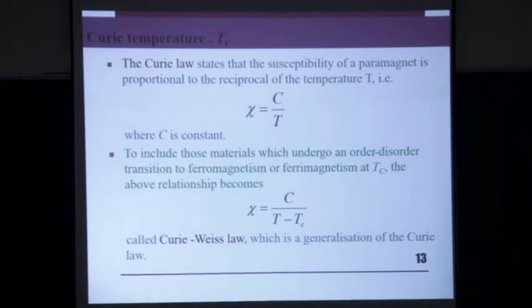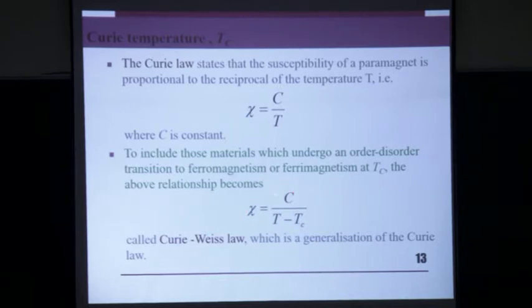Now you remember that in the case of paramagnet we had the Curie law, that susceptibility is equal to C by T. I just covered that yesterday, right? So if you want to include the materials, I think somebody else also asked me this, from para to ferro, then you can make such a relationship.